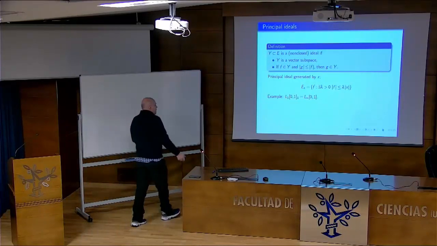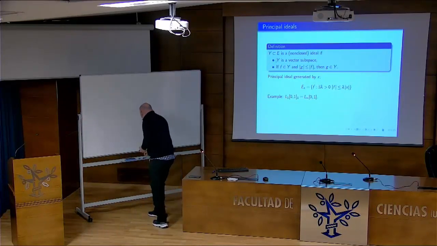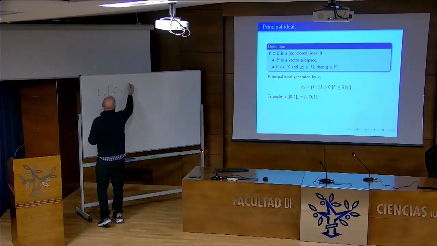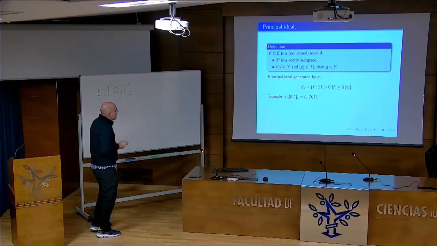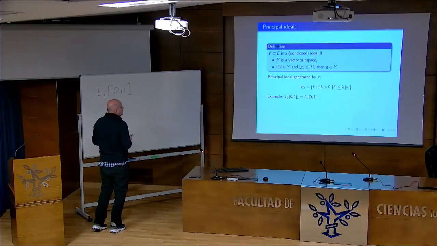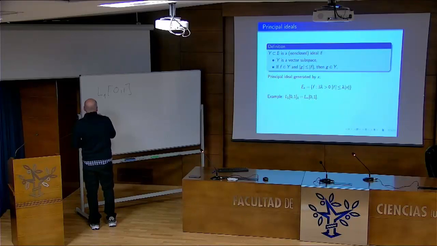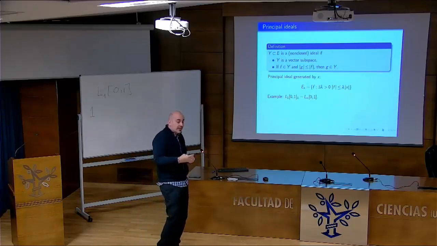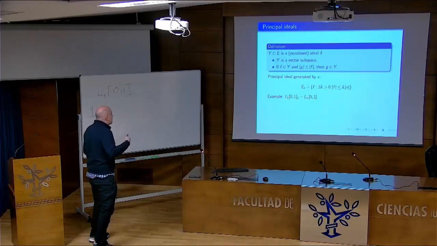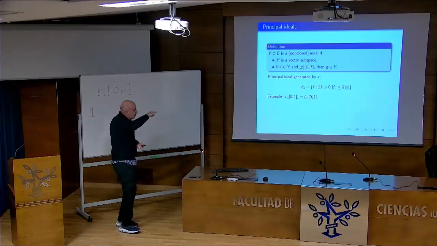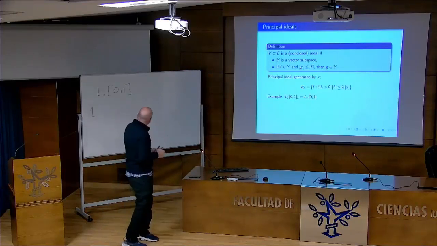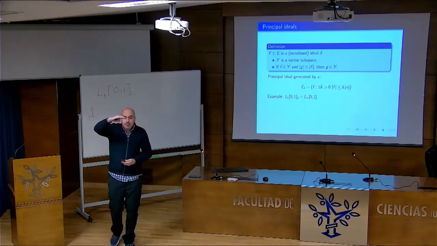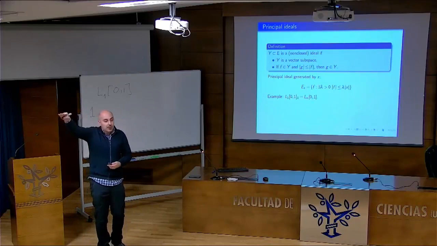So, for example, if you start with the Banach lattice of integrable functions, L1, and I look at the function that I call 1, the constant function equal to 1, what is the ideal generated by the constant function 1? These are all the functions of L1 that are below a scalar multiple of the constant function equal to 1.